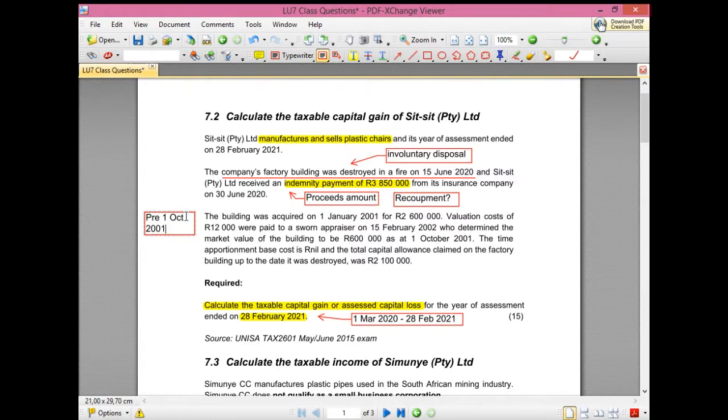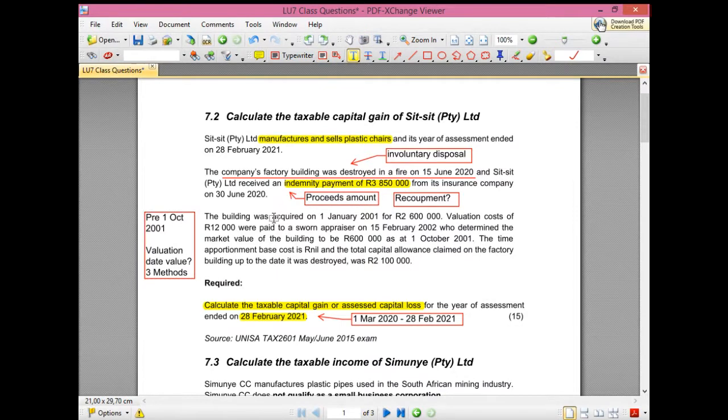So that means we need to work out the valuation date value, which we said is either the market value, time apportionment based cost, or 20% of the proceeds. So I'm just going to say there's 3 methods. Okay, so let's see what information they give us to assess what that might be.